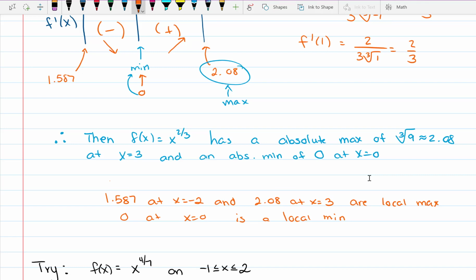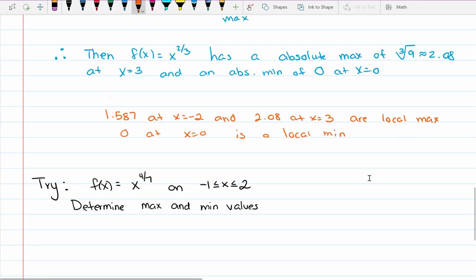So notice that an absolute max is also a local max, but the local maxes are not necessarily absolute maxes.